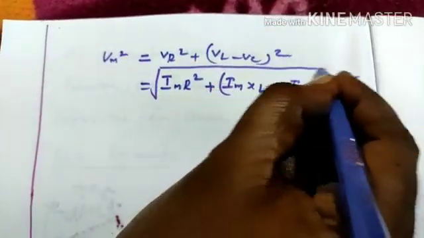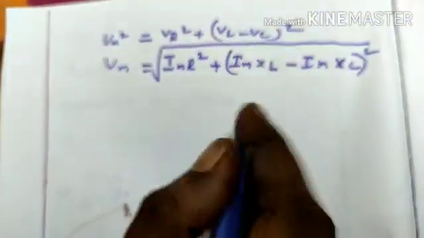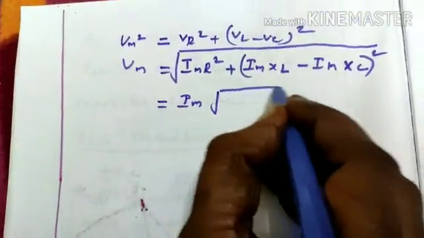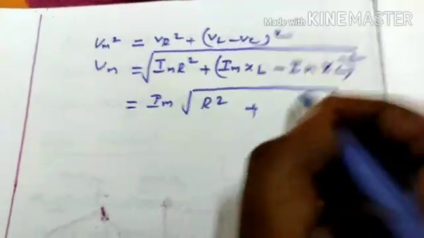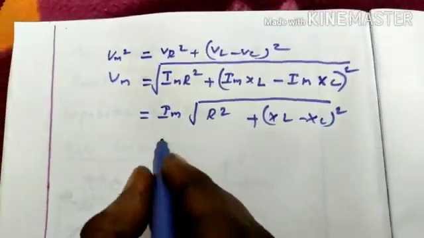To find Vm, this comes under the root with Im square common, so Vm equals Im times the root of R square plus XL minus XC the whole square.